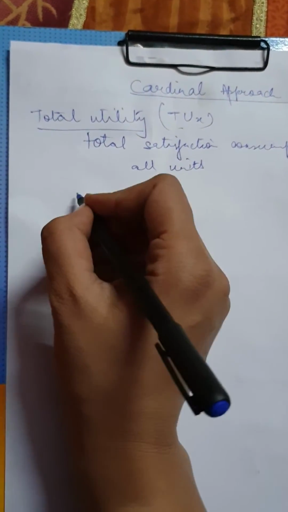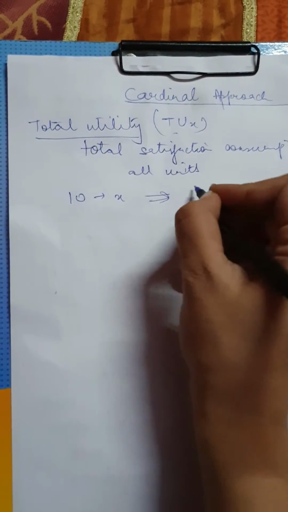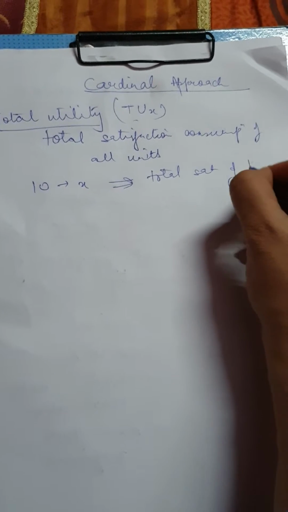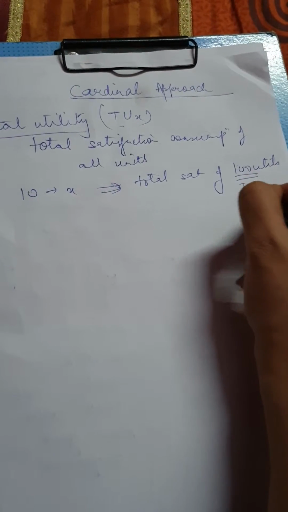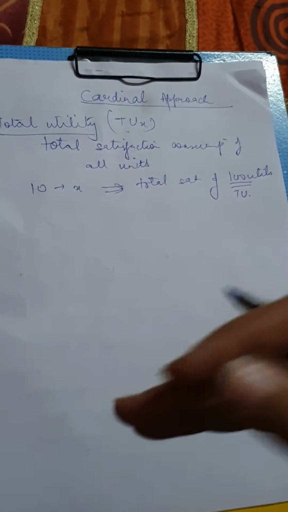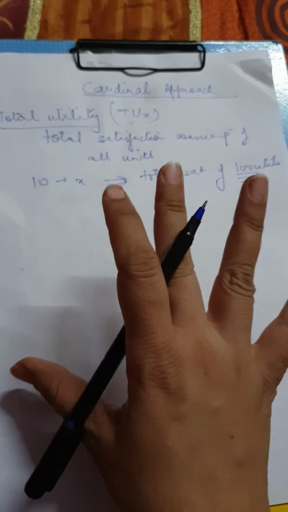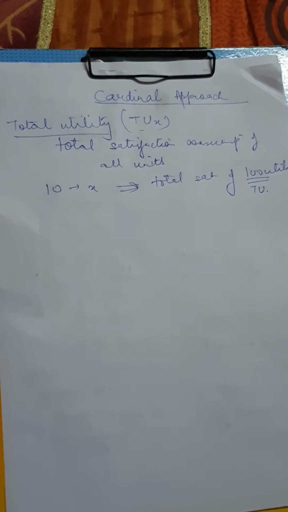For example, if I am consuming, let's suppose, 10 units of X, that means I am getting total satisfaction of, let's say, 100 utils. So this 100 is nothing but total utility. If I am consuming 1 chapati, then 2 chapatis, and 3 chapatis, and I have consumed 5 chapatis together, and I've got a satisfaction of, let's say, 20 utils.